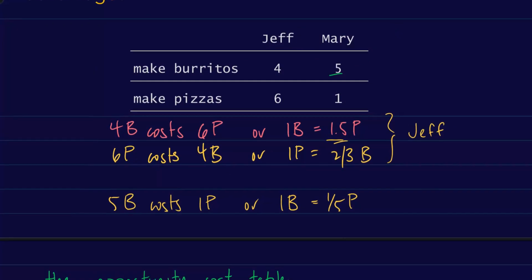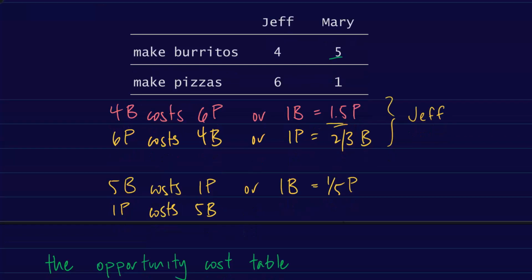Okay, and then finally, if Mary's making pizzas, then she makes one pizza per hour, which means we have to give up 5 burritos. So one pizza costs 5 burritos. So that's all we have there.